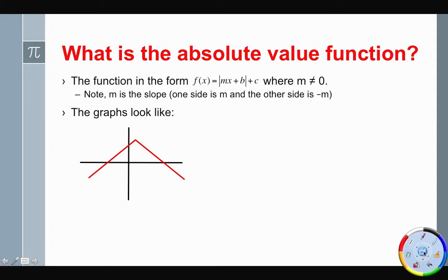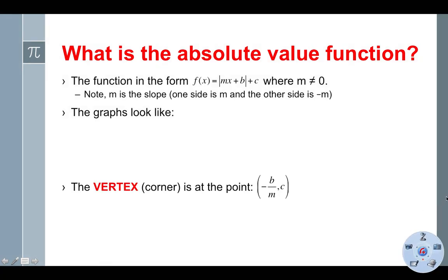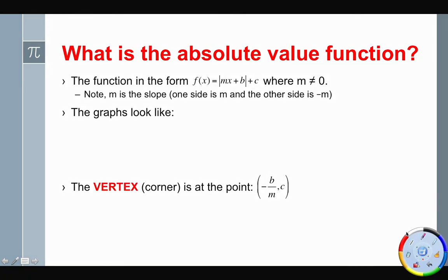So if we want to look at a few little things on what we need in order to graph, the vertex, let's put a graph back up here. Vertex essentially just means corner. That point right there is the vertex.